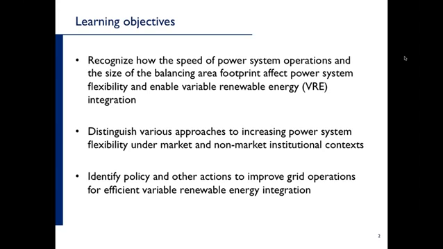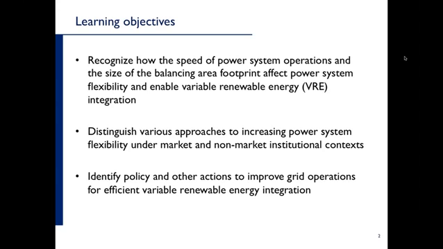We recognize that around the world all power systems have many things in common, and yet they also have many differences. So we want to take a look at how it would be possible to achieve these two objectives of large electrical footprints and fast dispatch in different contexts. Some countries are either moving towards a market or have markets in the bulk system.